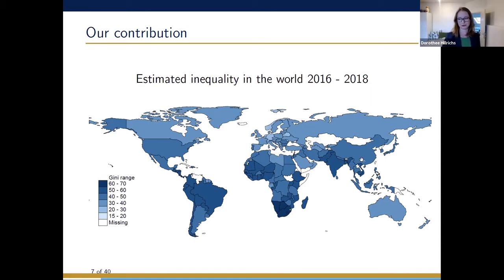So, for example, we don't have GDP per capita data in Cuba or North Korea, Somalia, Yemen. But overall, we have a much broader coverage than any of the established data sets, basically.